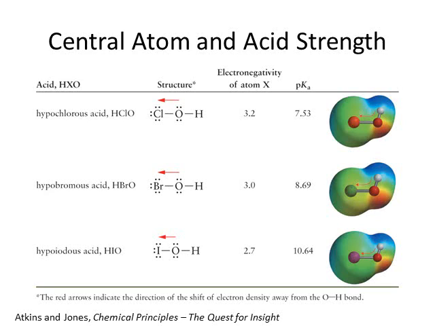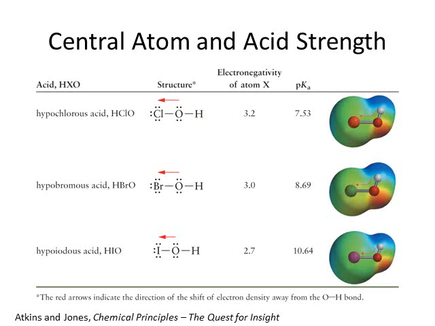Why is this? Well, let's think about it. We've got to break an OH bond, and to do this, we are going to have to withdraw electron density from the hydrogen. The more electron density you draw away from the hydrogen, the easier it is for water to act as a base and remove this proton.